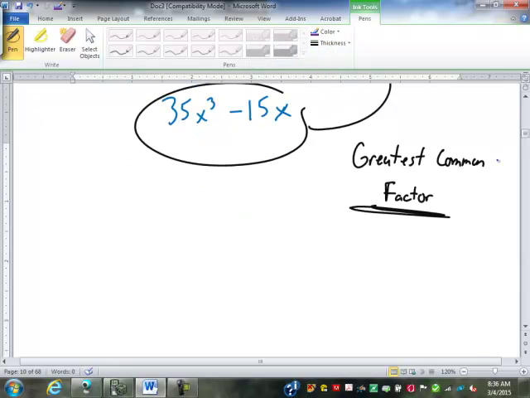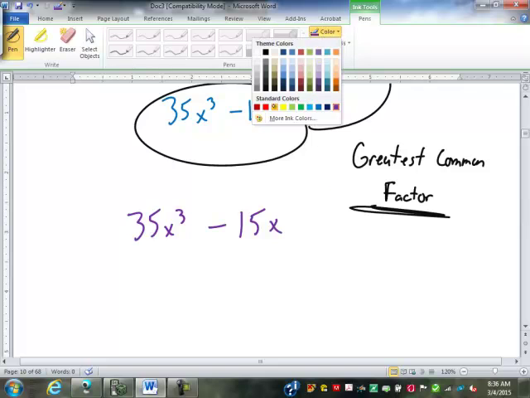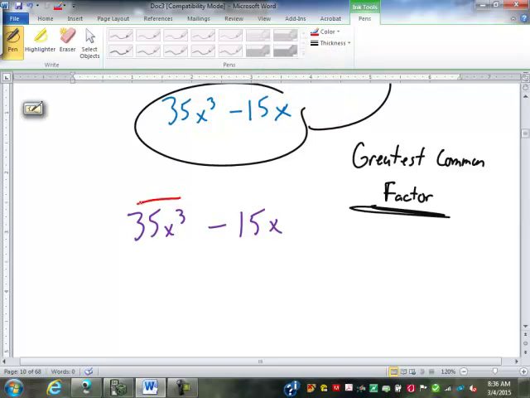So when we're looking at something like this, 35x to the third minus 15x, there are two numbers here. Actually, it was the least common multiple on your test, I believe, but same type of concept. So we've got the 35x to the third and the 15x. What is the largest number that will divide into both 35 and 15? 5.